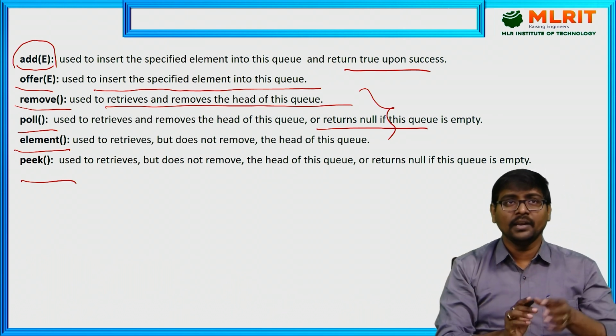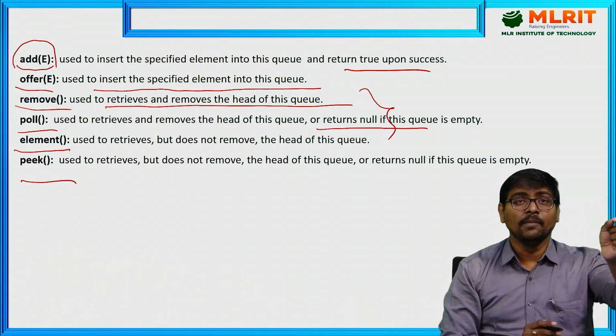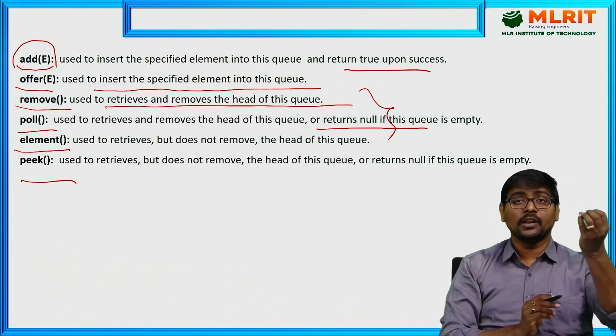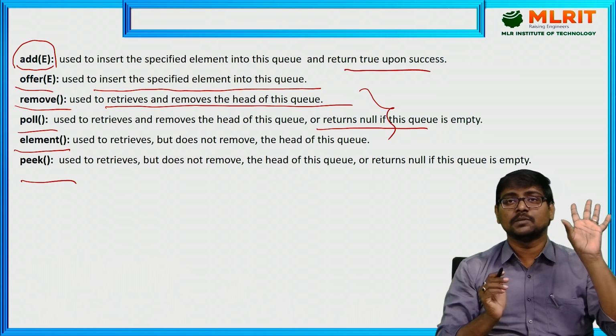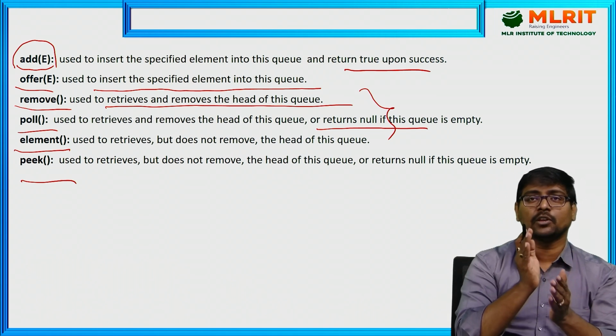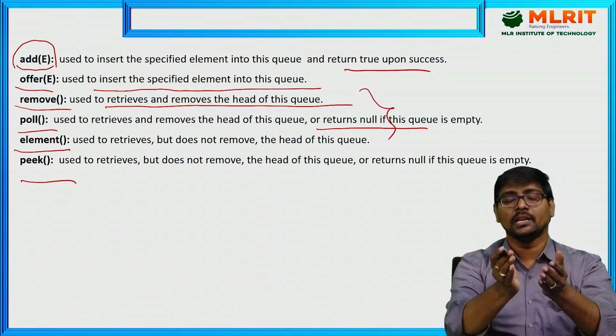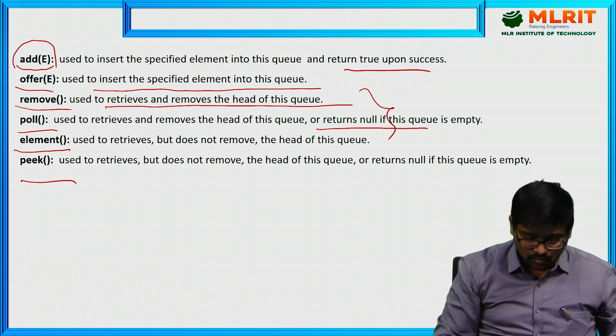I think you got it. Add and offer both work for addition. Remove and poll both work for removal. Element and peek both work for displaying the topmost, that is, the head element. The difference is, if the queue is empty or the element is not possible to insert, it returns null. That is the only difference.